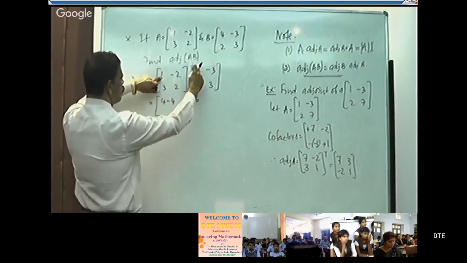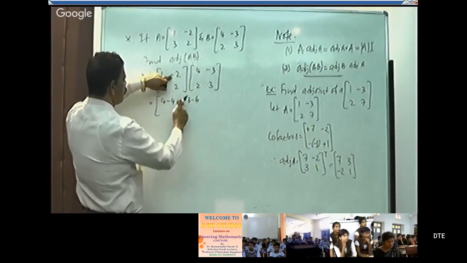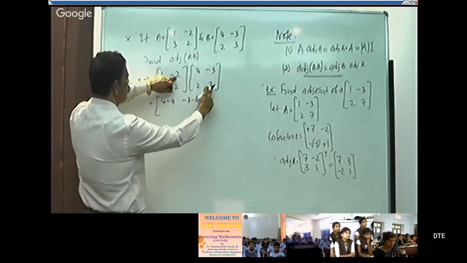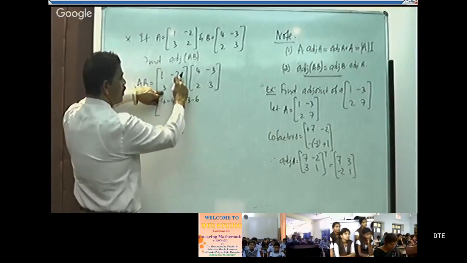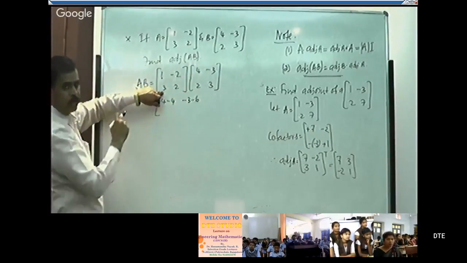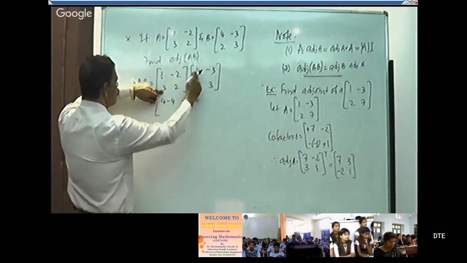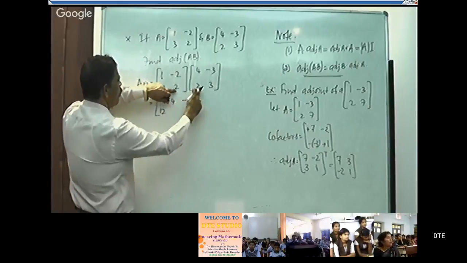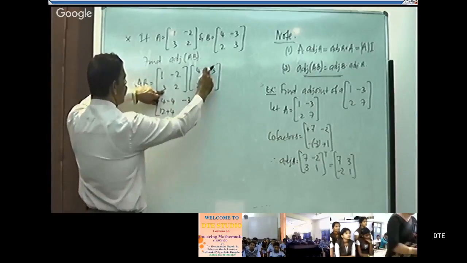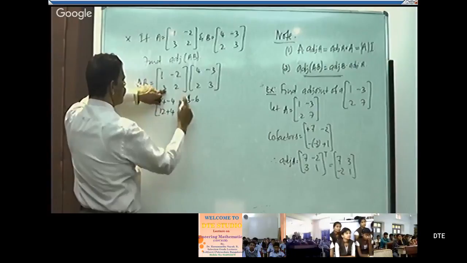So first row into first column: 1 into 4, 4; minus 2 into 2, minus 4. 1 into minus 3, minus 2 into 3. Next, after taking the product of the first row with all the columns, we should move to the second row. Second row into first column: 3 into 4, 12; 2 into 2, 4, that is plus 4. Second row, second column: 3 into minus 3, it is minus 9.